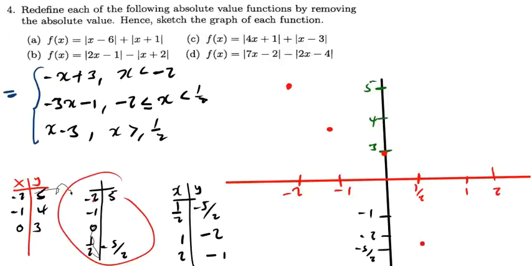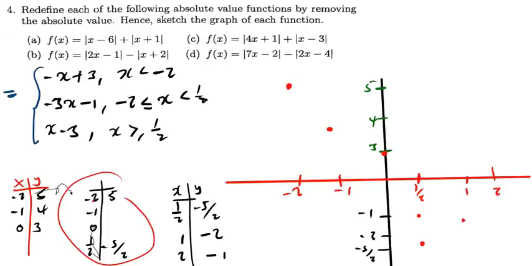We have 1 over 2, negative 5 over 2. 1 over 2 is here, negative 5 over 2, which is here. Then 1 in x, 1 in y, negative 1. That is that point. In y negative 2. So x 1 in y negative 2 is this point.